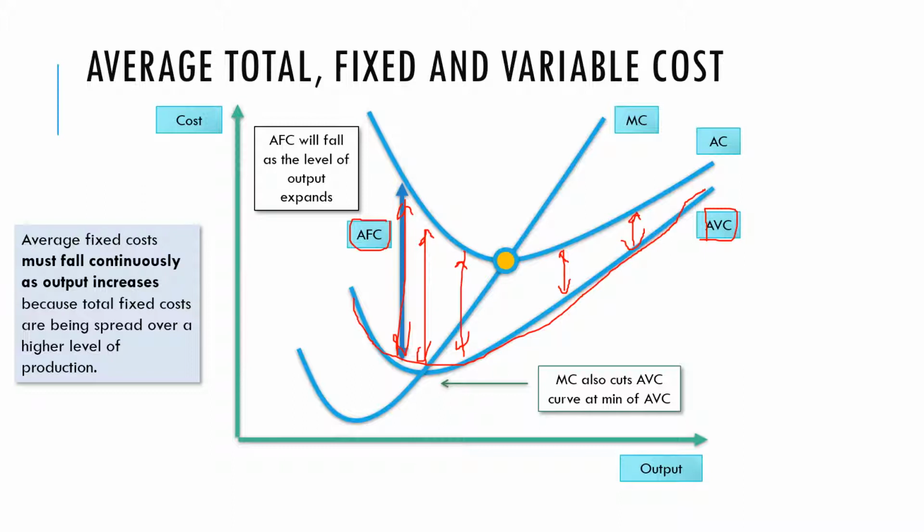If I have fixed cost of 2,000 and I produce 500 units, the average is 4. So as we produce more units, as we move in this direction along the output scale, we'd expect, mathematically, the average fixed cost to get smaller. So these two curves, the average variable cost curve and the average cost curve, will get closer and closer together.